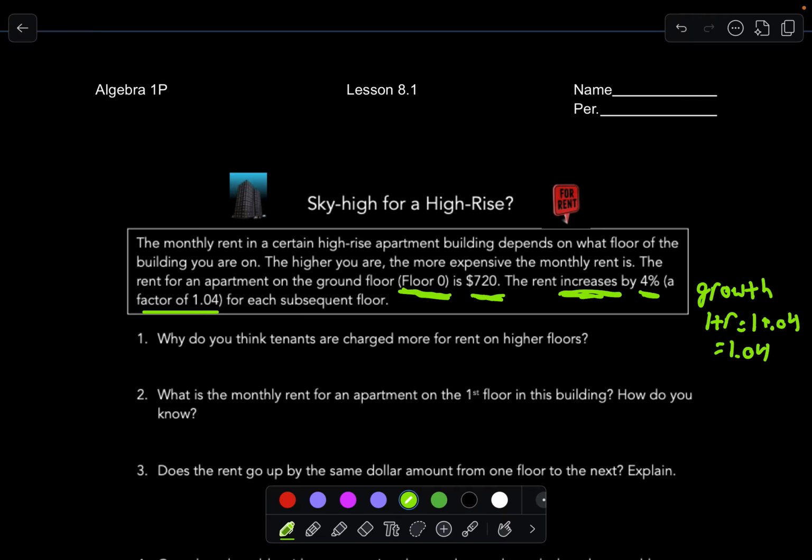Why do you think tenants are charged more for rent on higher floors? Well, this is up to you, but in my opinion, the higher you are, the better the view. So the view is better, and there is less foot traffic the higher you go.